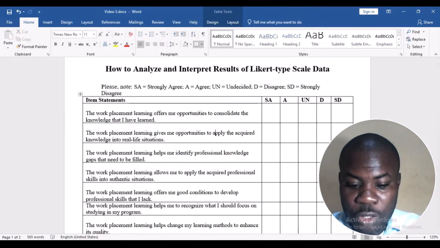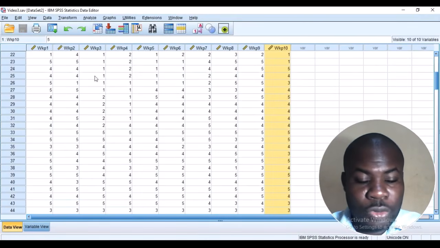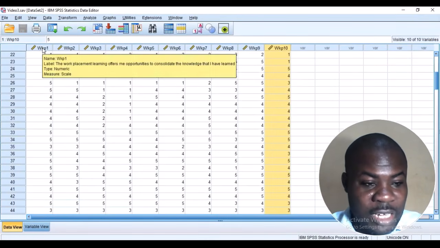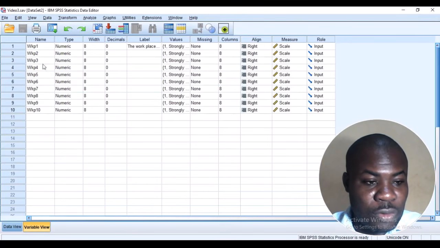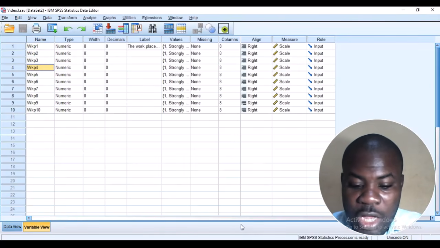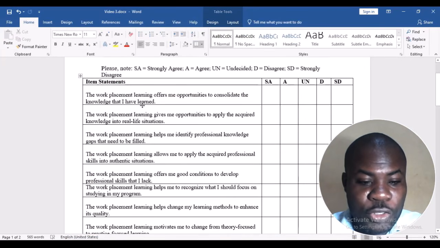Each of these items, I tried to report them as workplace 1, workplace 2, workplace 3, workplace 4, workplace 5. And if you come to the Microsoft Word, you're going to see that this is item 1, this is item 2, item 3.